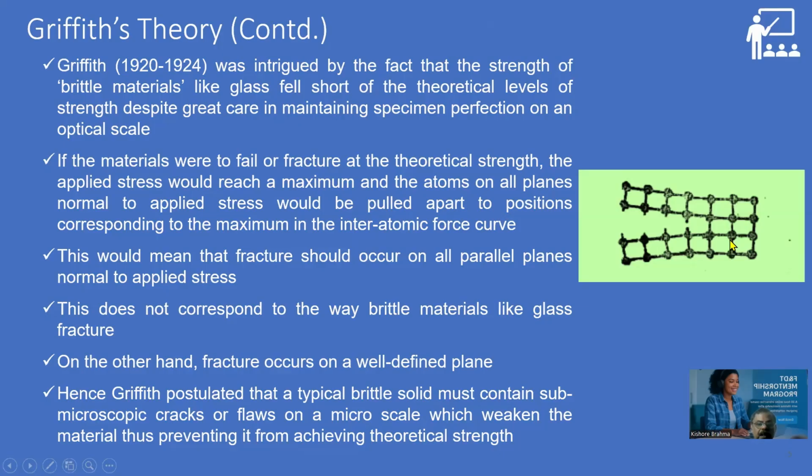This should mean that fractures occur on all parallel planes normal to the applied stress. This doesn't correspond to the way brittle material like glass fractures. On the other hand, fracture occurs on a well-defined plane. Hence, Griffith postulated that a typical brittle solid must contain sub-microscopic cracks or flaws on a microscale, which weaken the material, thus preventing it from achieving theoretical strength.